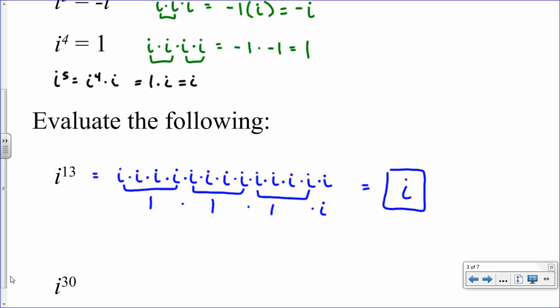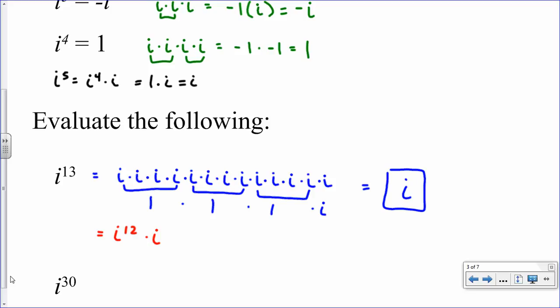Okay, so let's figure out how I can do that faster. Thinking about this, I had these groups of 1. How many i's was that? 12. So if I would have started this as i to the 12th times i, how would I know i to the 12th would just be 1?